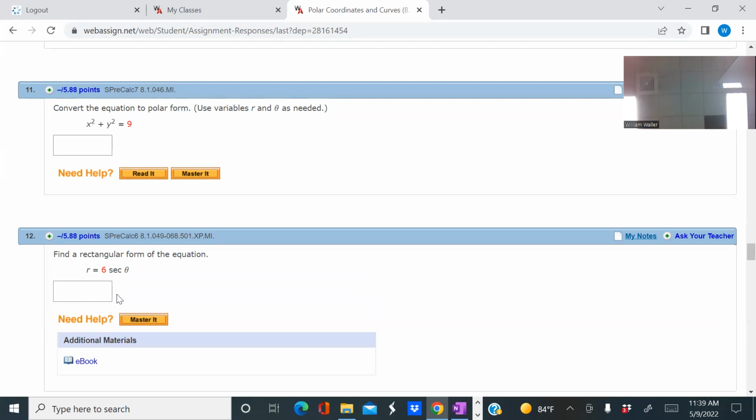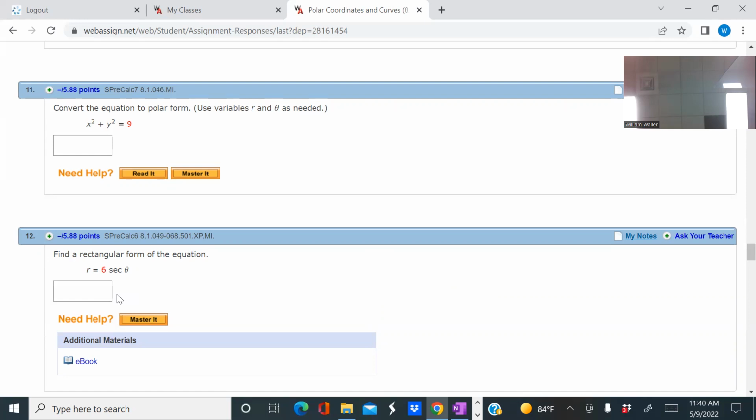Then we'll also try number 12, see if we can make any progress with that one. Okay, so this is in rectangular form, right? And we want to put it in polar form.